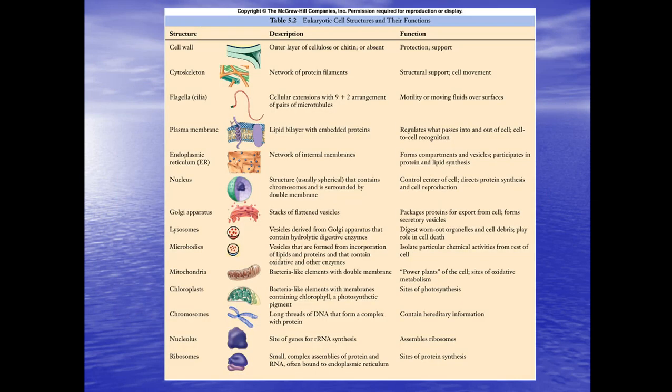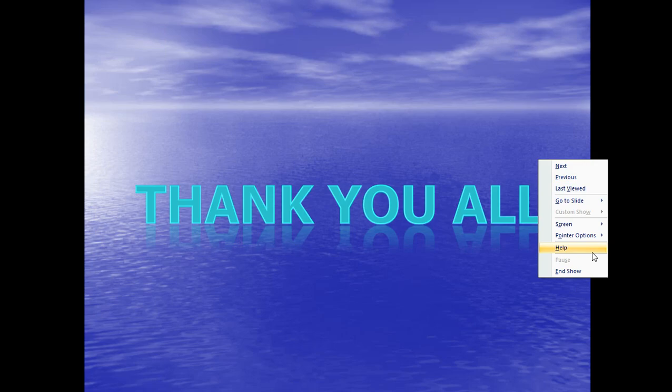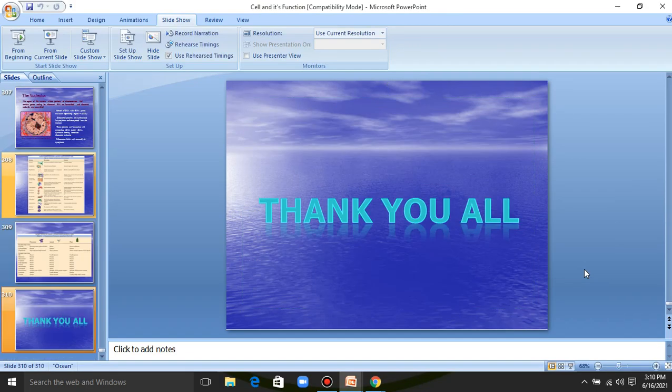Again, the details we need not go into. So this is what I wanted to convey to you with respect to the cell and its function, including all the cell organelles.